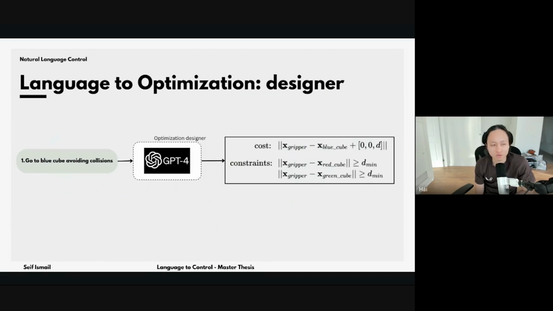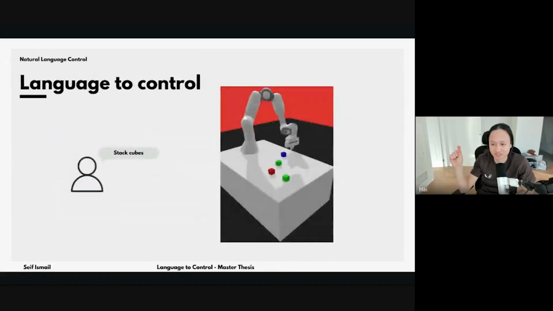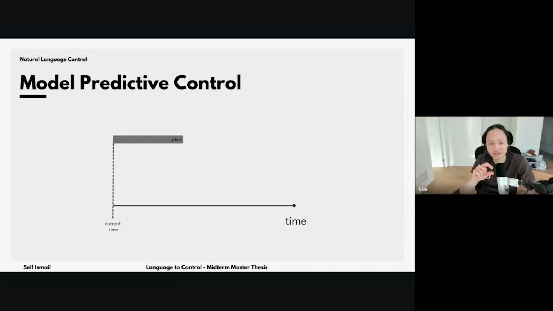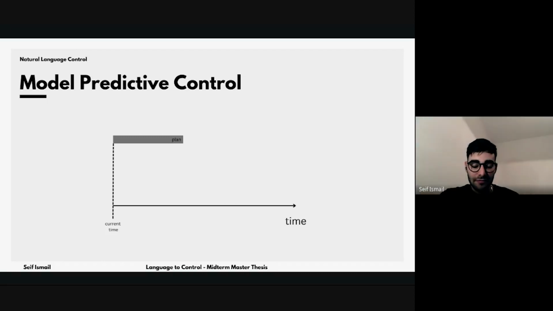Gotcha. So do you want to go back to the slide where you have the receding horizon? So are you saying that from the time the robot starts to the time of the robot being able to grab the object, you have to call an LLM like a dozen times for it to optimize itself to get there?